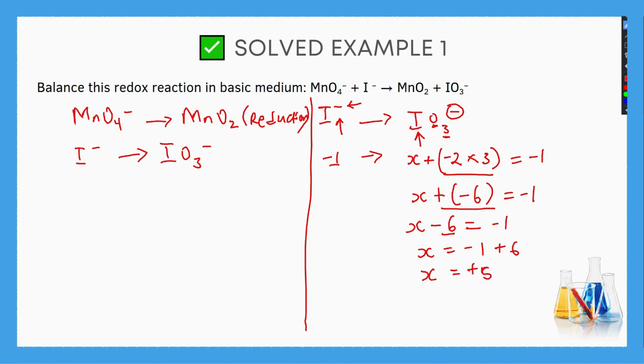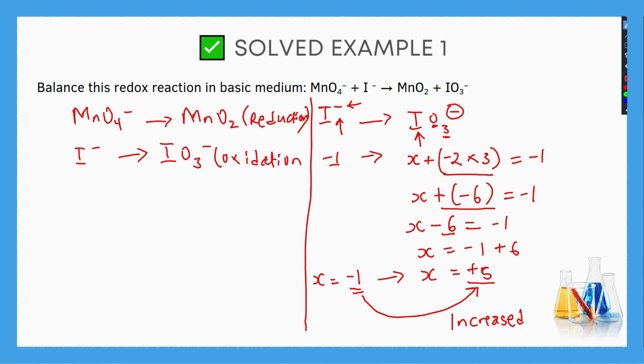So in this first instance, we have the oxidation number of iodine to be equal to -1. In the second instance, we have the oxidation number of iodine to be +5. Now, when something goes from -1 to +5, do we say it has increased or decreased? Of course, it has increased, which tells us that this is our oxidation half.